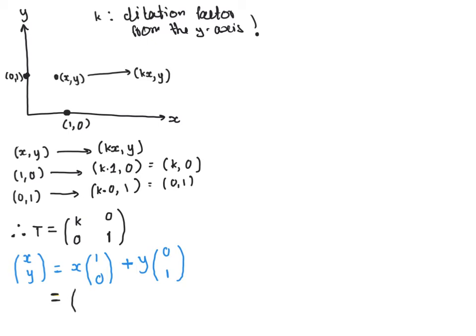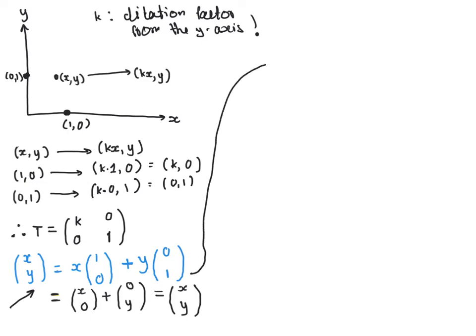If I expand this, I get x times 1 is x, x times 0 is 0, plus y times 0 is 0, y times 1 is y. If we add these two, as expected, we still get x and y. So these two say the same thing, just written in different forms, so that we can utilize the transformation matrix to our favor.